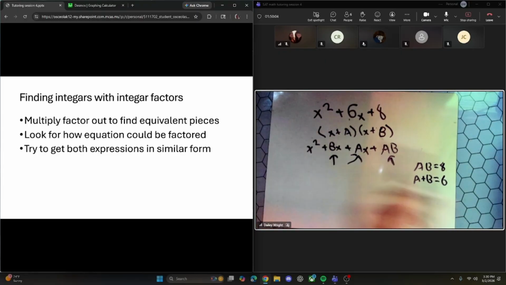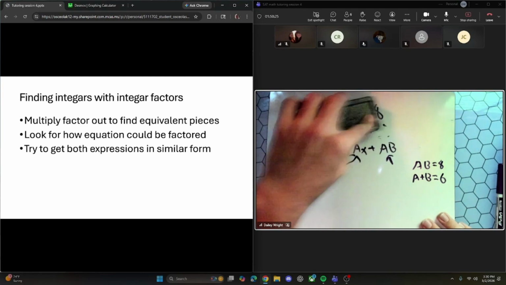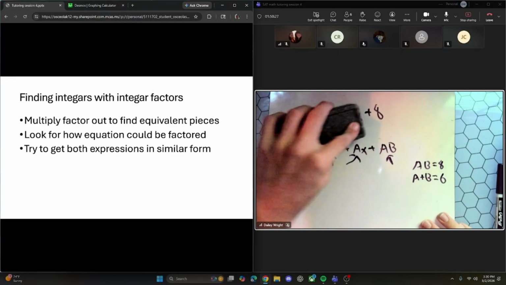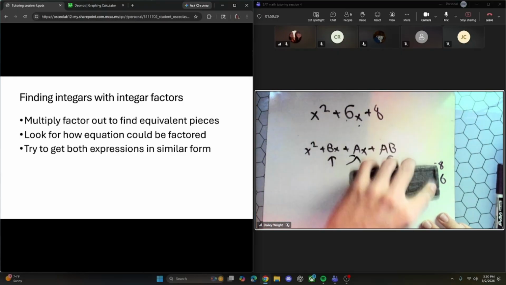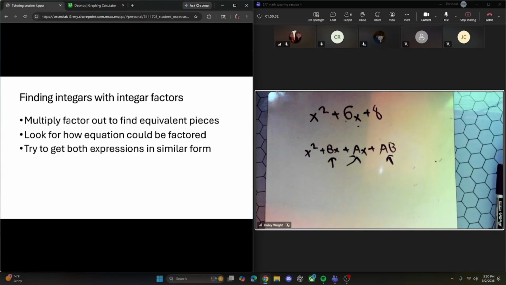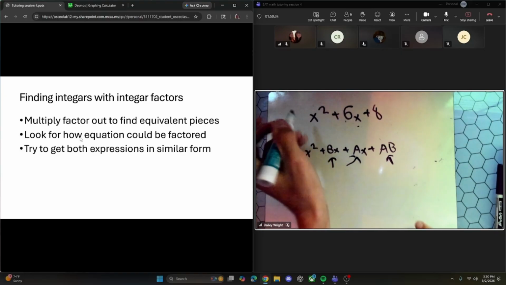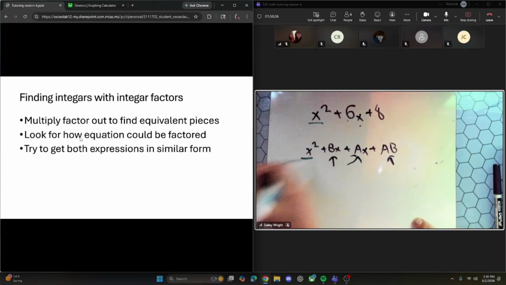So a and b would have to be 4 and 2. So if it gives you integers like this, you can get so much information out of just multiplying these factors out. And what multiplying these factors out does is it gets both of those expressions in similar form. If you look at these two expressions after I multiplied those factors out, you have an x squared in both of them.